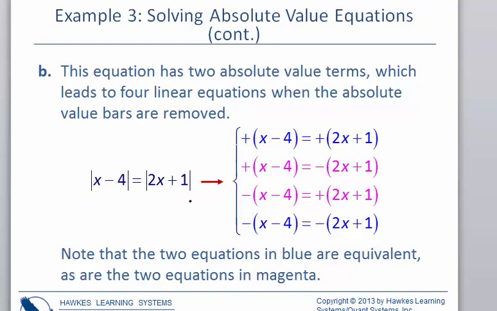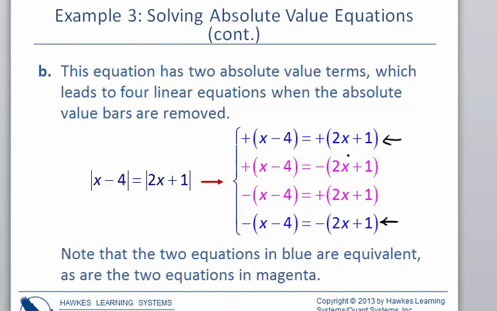Remember that the part that's inside the absolute value can either be positive or negative. So look at the blue options over here, this one and this one. These are the two options where the x minus 4 is positive or negative, and the 2x plus 1 is either positive or negative.